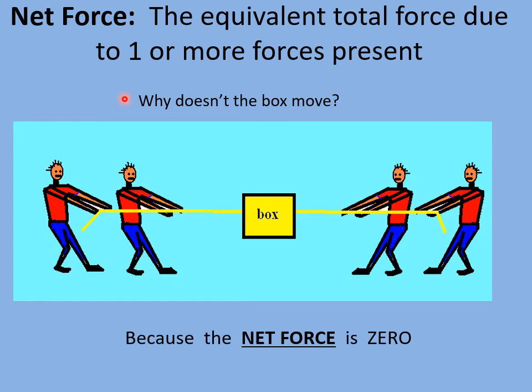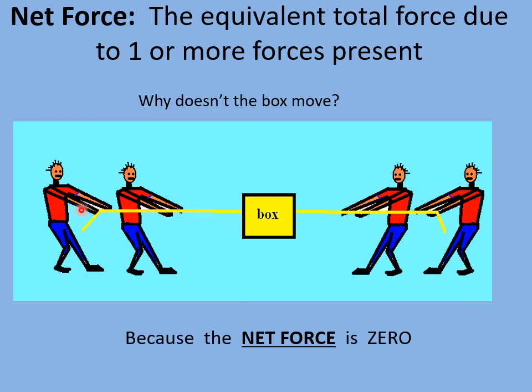To answer the question, why doesn't the box move, brings up the next concept, which is that of net force. So what is net force? Well, net force is the equivalent total force due to one or more forces present. So in this case, we obviously have these two guys over here trying to pull the box to the left.